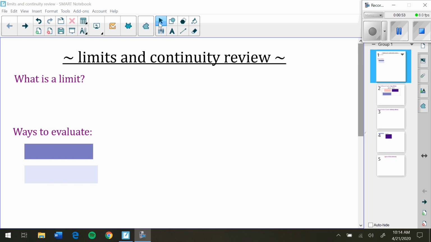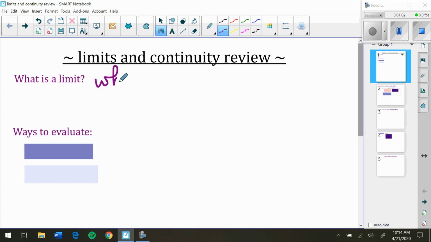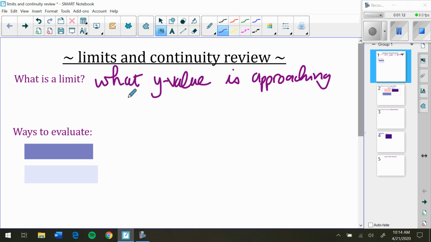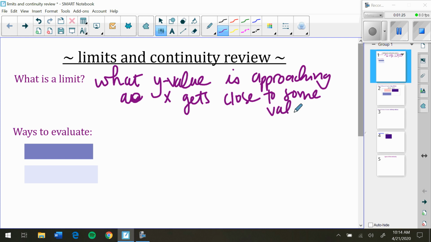The best way I'm going to define a limit is it is going to tell us what our y value is approaching as x gets close to some value.